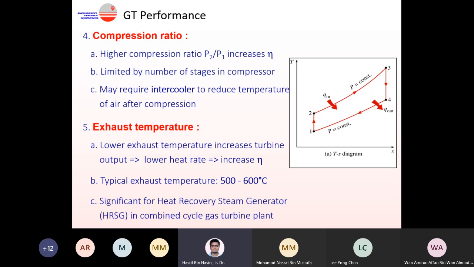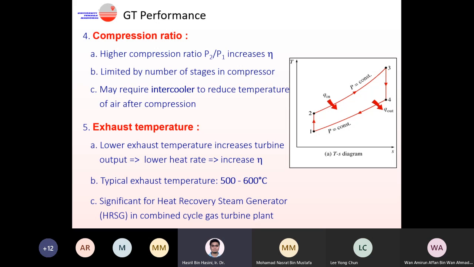In our compressor, the approximate number of stages is around 8 to 10. You can make it 100, but that is not practical because we need to spend more money on the material used for the compressor. So there is a limitation on how we can increase the compression ratio.